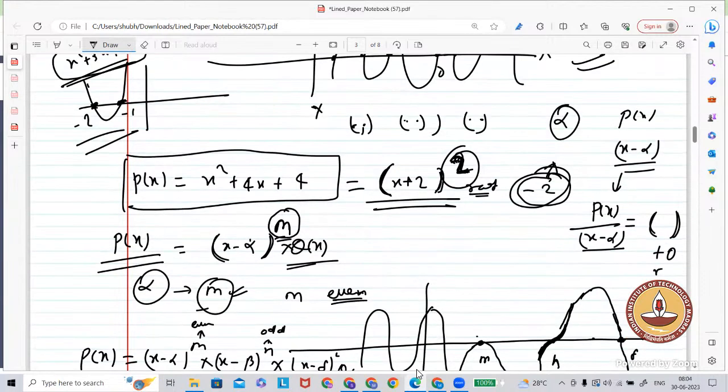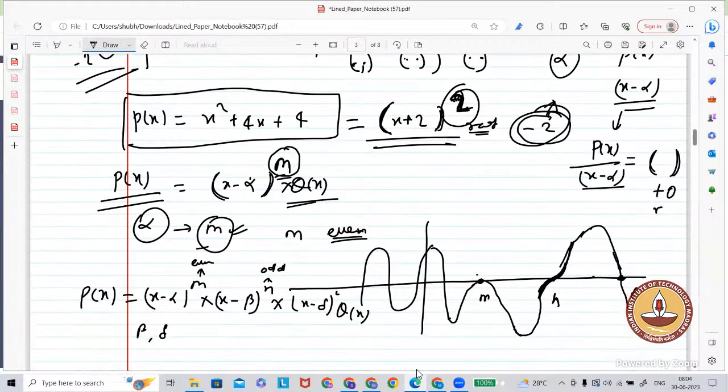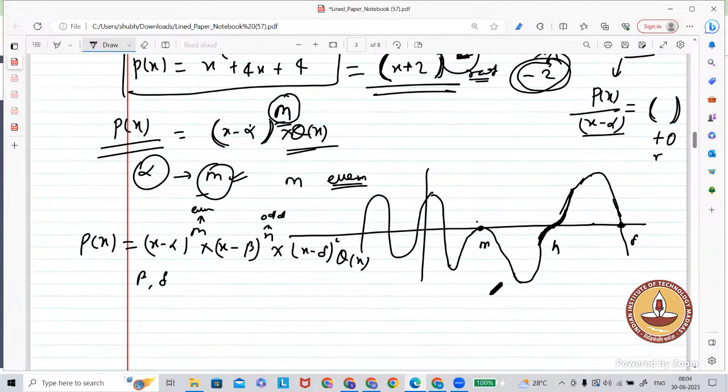As you know the x and y intercept, right, all of you. So this is intersecting the x-axis. Where it is intersecting, that x-intercept is nothing but the root. So here at delta the multiplicity is 1, so it looks like a line. It will cross the x-axis exactly like a line.